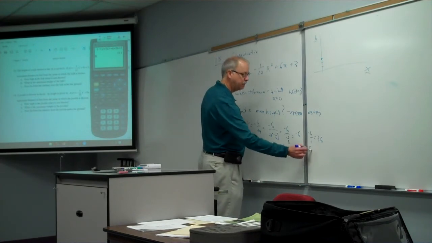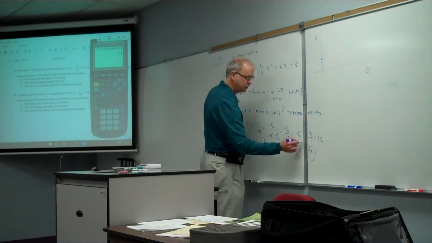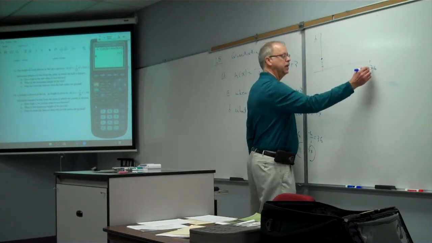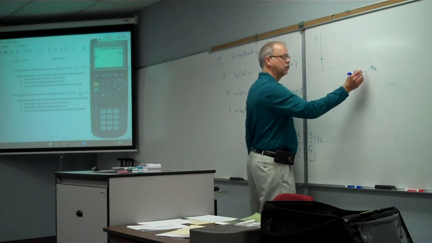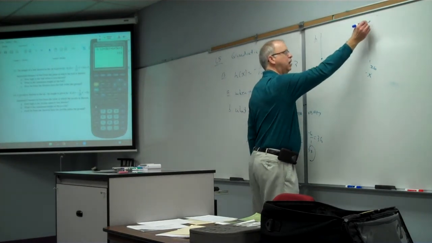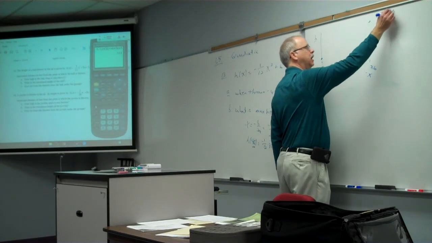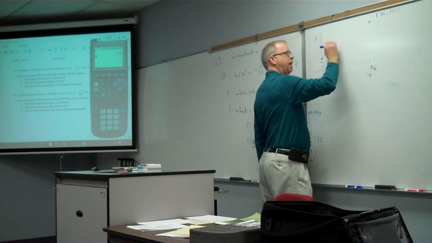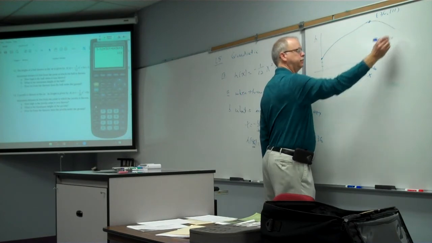That's our maximum height. It occurs 36 feet out here. So horizontal distance of 36, our height is the maximum of 111. And then it's going to start coming back down.